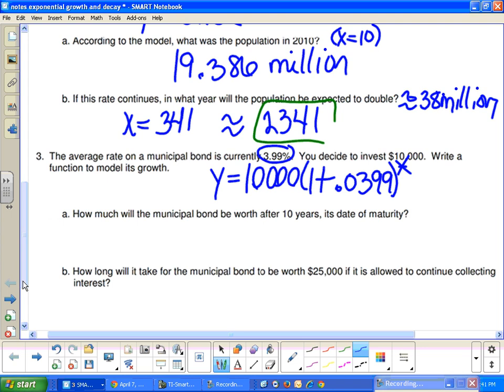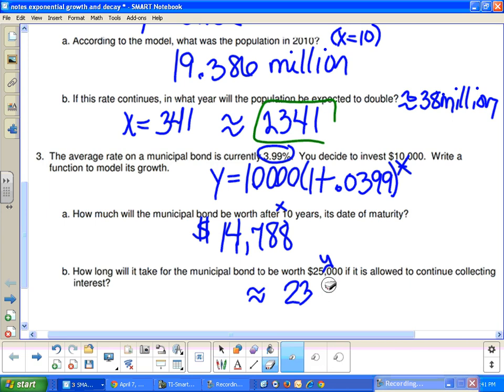We want to know after 10 years, so you're looking for when x on your table is 10. You should come out with around 14,788. How long will it take for it to be worth 25,000? You're looking for when y is 25,000, and it's going to be approximately 23.5 years.